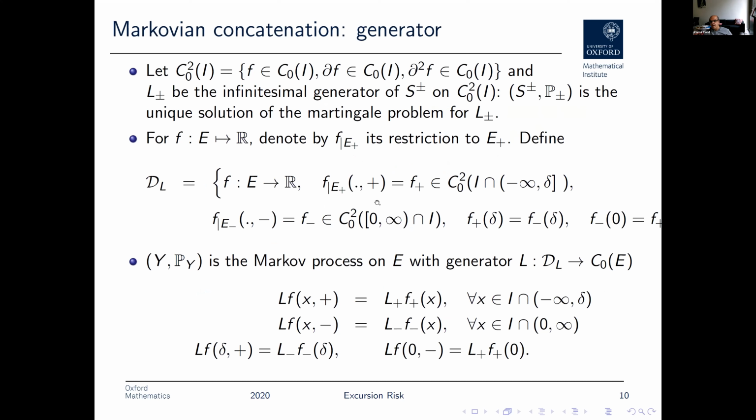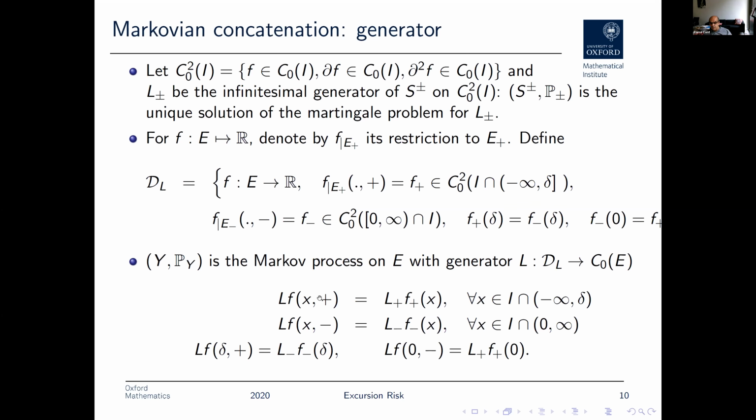It means that f minus is the value on the left, f plus is the value on the right. I need that these two values are equal at these 2 points, 0 and delta. That's it. And now I can define the generator of my bigger process. So the generator of my bigger process does the following thing.